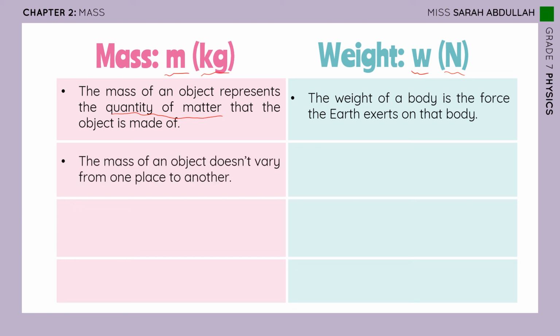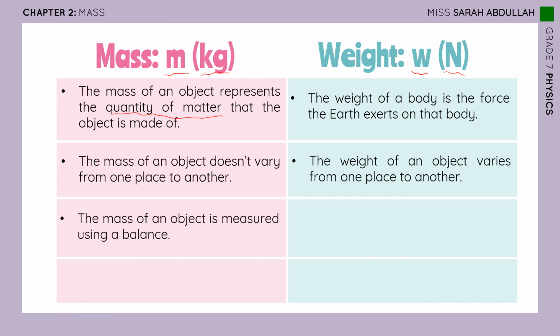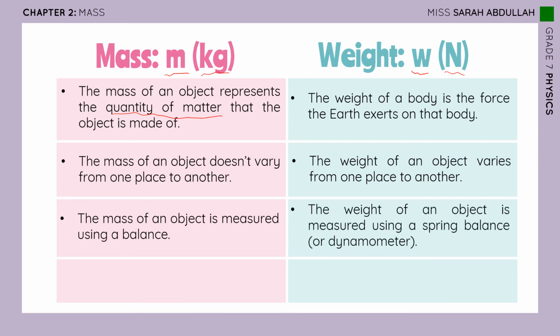The mass of an object doesn't vary from one place to another. It is constant. The weight of an object varies from one place to another. The mass of an object is measured using a balance. The weight of an object is measured using a spring balance or a dynamometer. The SI unit is kilograms for the mass, and the SI unit is Newton for the weight.